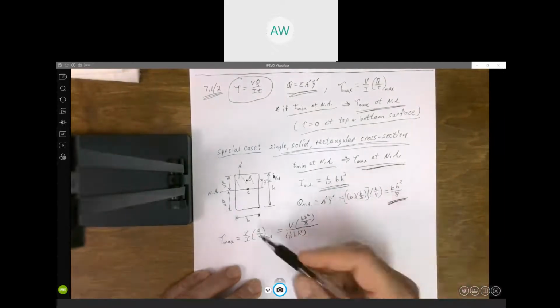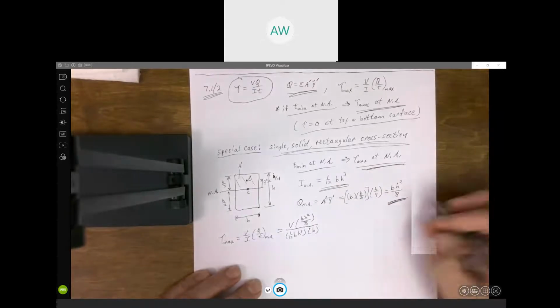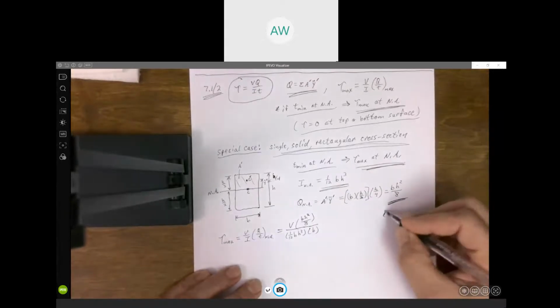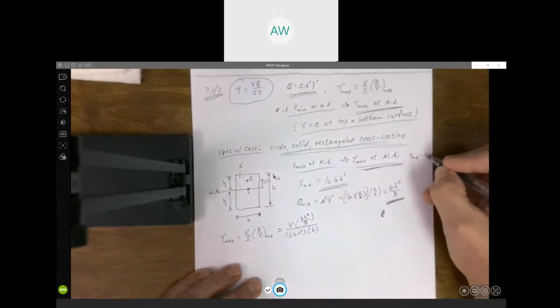And the thickness at the neutral axis is b.